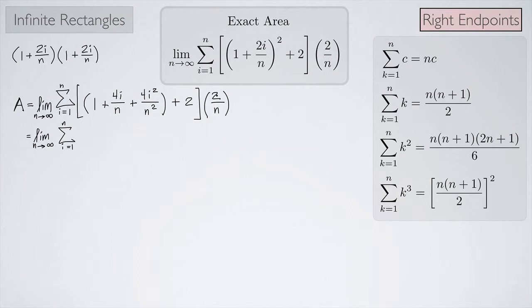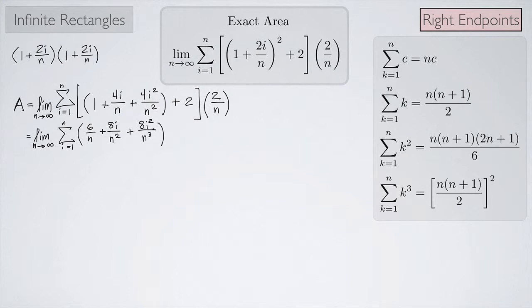So if I have a 3 here, and I multiply that by 2 over n, that's going to be 6 over n. So that'll become a 6 over n plus, and then this will be 8i over n squared when I distribute. And then this one right here, that's going to be 8i squared over n cubed.